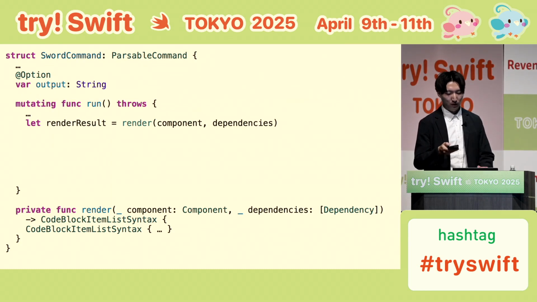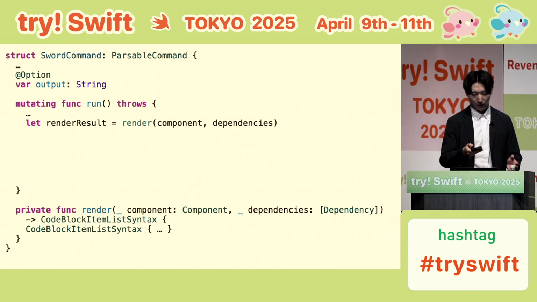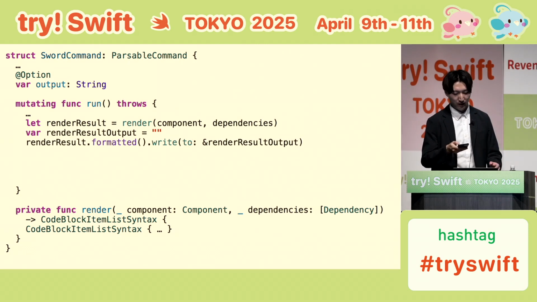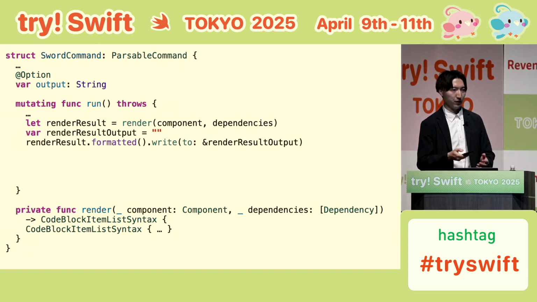We place all these node constructions into a render method in our command, and then convert the resulting syntax tree to a string. When we call the formatted method on the render result, it helps align white space and line breaks according to the standard formatting rules.